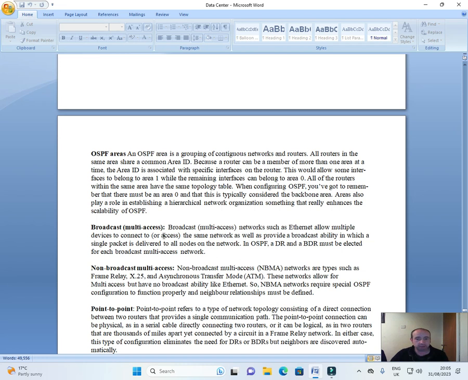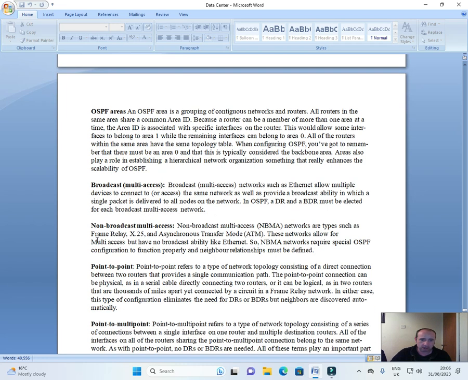Broadcast multi-access networks such as Ethernet allow multiple devices to connect to or access the same network, as well as provide a broadcast ability in which a single packet is delivered to all nodes on the network. In OSPF, a DR and a BDR must be elected for each broadcast multi-access network. Non-broadcast multi-access.